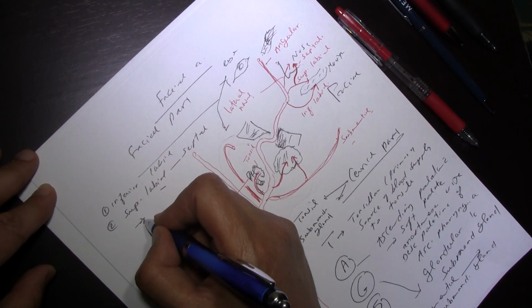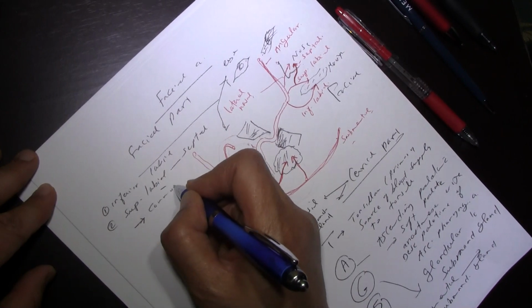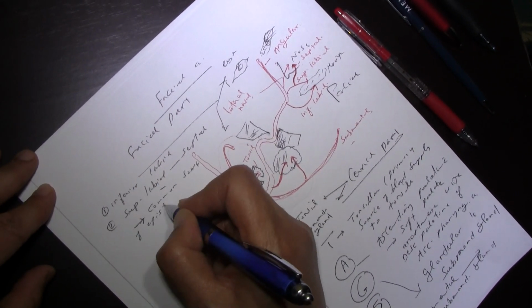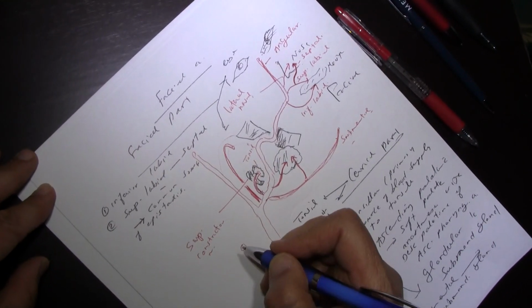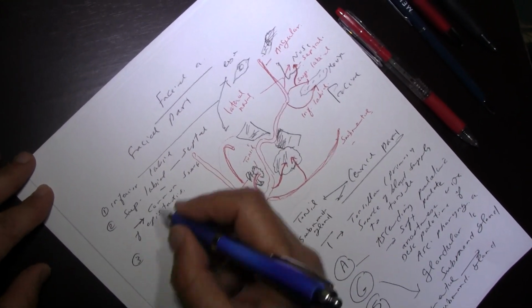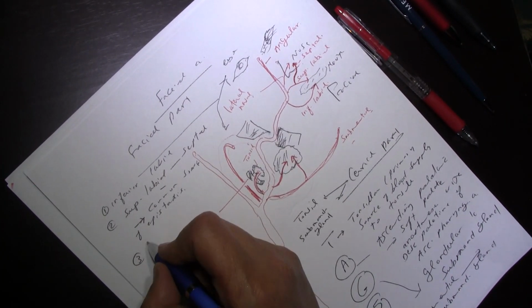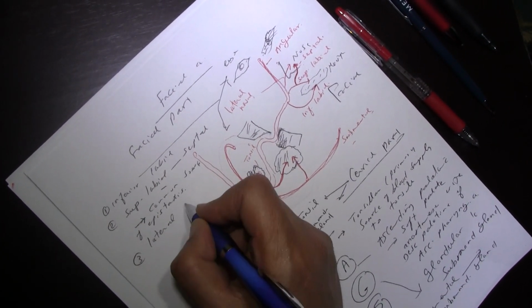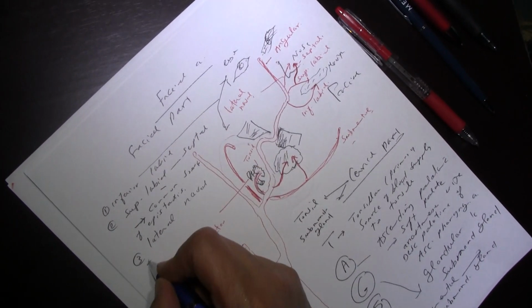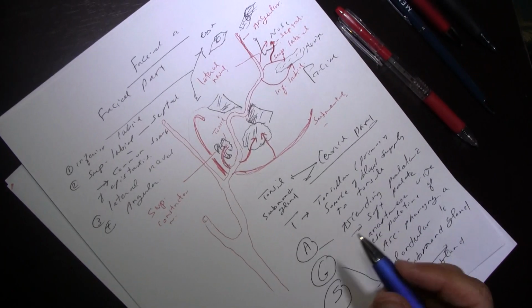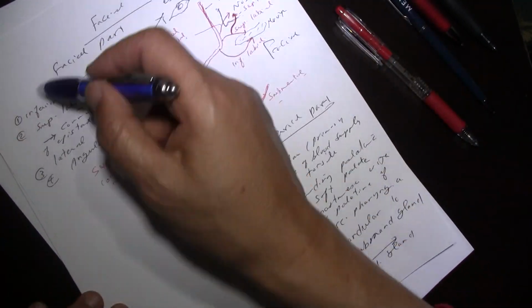This is the common source of epistaxis, which is bleeding from the nose. Okay, there is also anastomosis with branches of maxillary and ophthalmic. Lateral nasal to the side of the nose, then angular, which is close to the medial angle of the eye. So this is the facial artery.